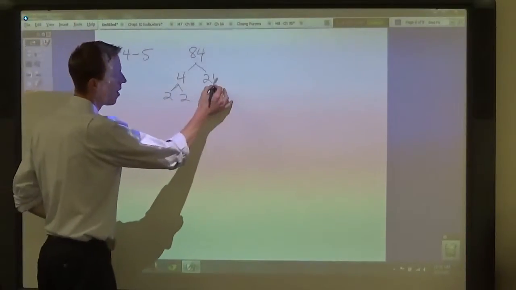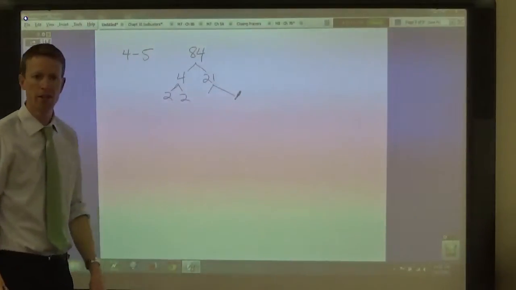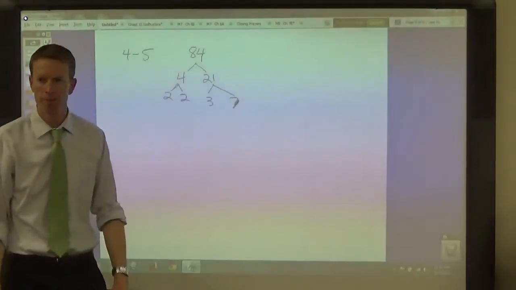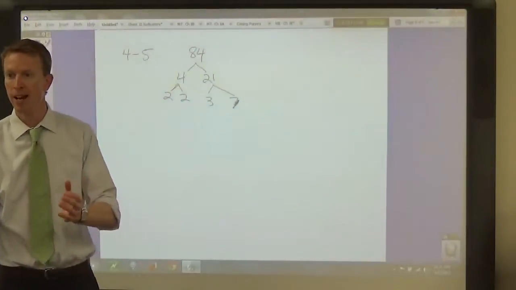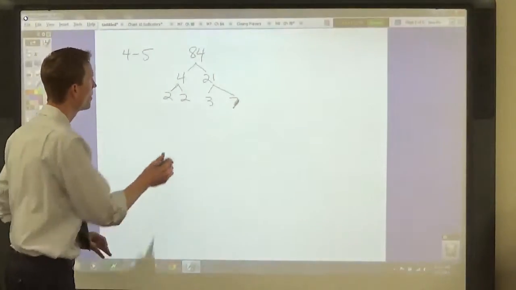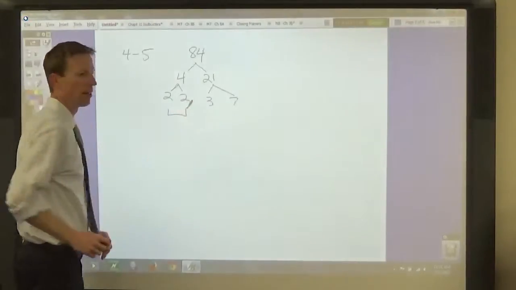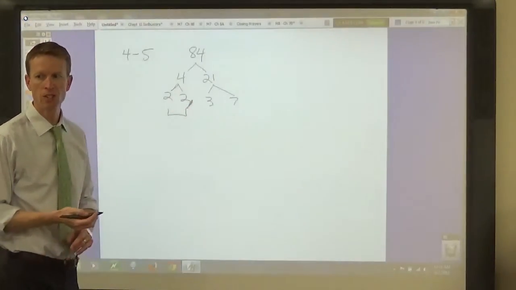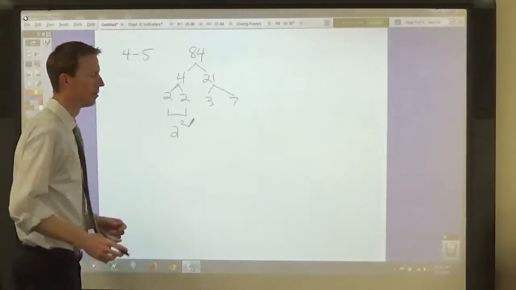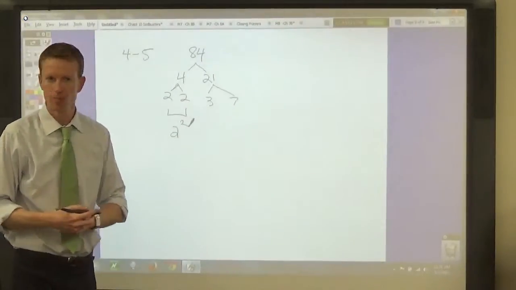Is 21 prime? What makes 21? Yep. 3 and 7. Are those prime? Yes, so now we stop and we can write the prime factorization. And we can write using exponents. How many 2's are there? 2 of them. So we write 2 to the second power. How many 3's are there? 1.